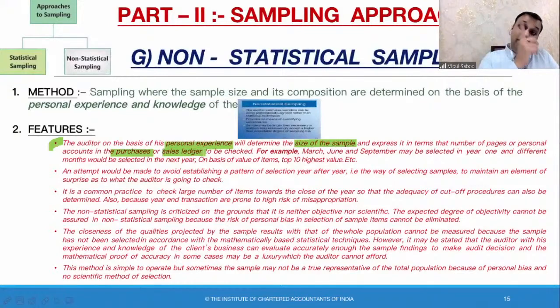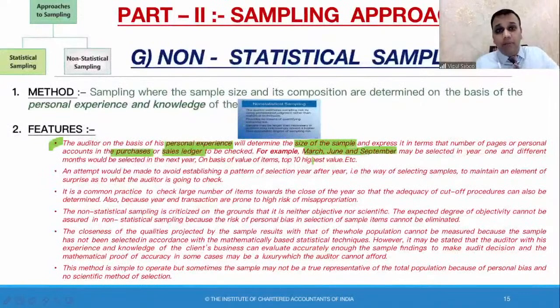Based upon my previous experience with the same client or any other client, and as per my professional judgment, I'm deciding upon the size of the sample and my audit procedures. I'm not resorting to any mathematical or statistical techniques. That is non-statistical sampling. For example, to check the sales ledger or purchase invoices, in 1 year we select March, June, and September.